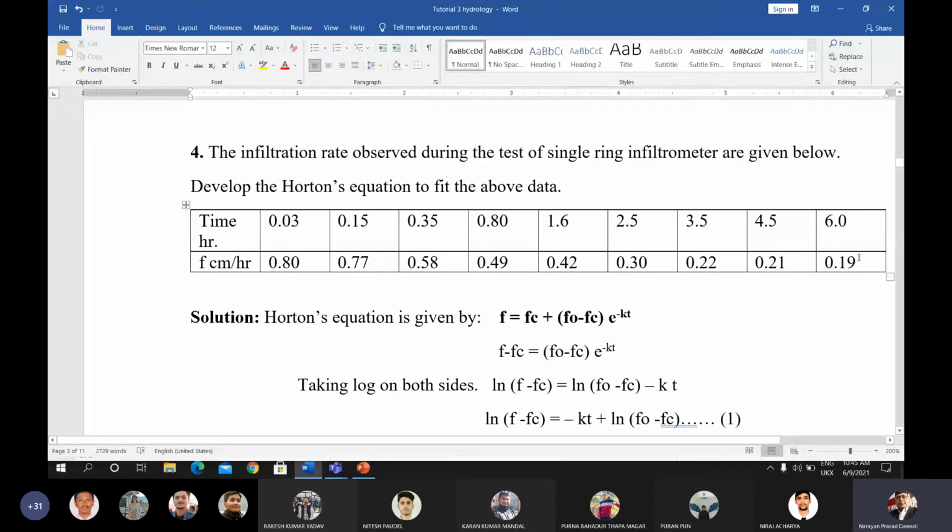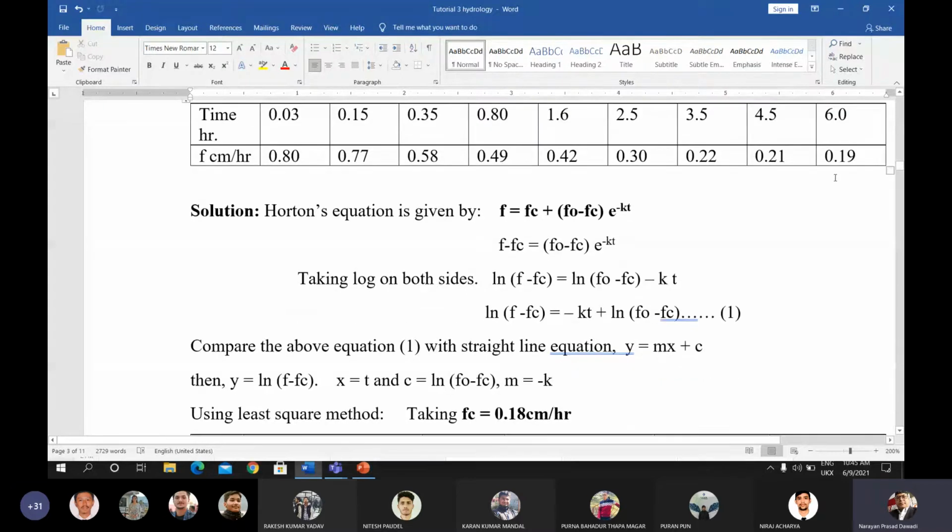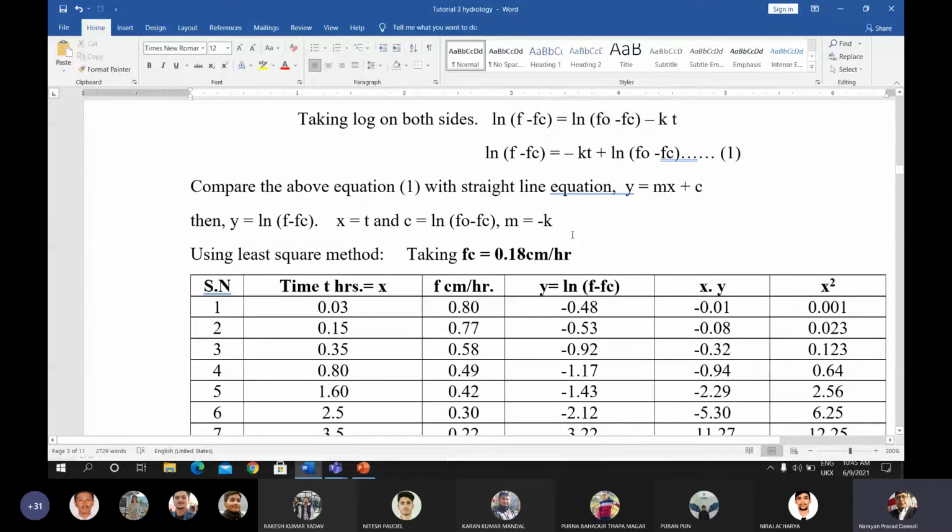That's why I have chosen a slightly lower value. If the time is prolonged to 7 hours and the rate of infiltration is again 0.19, then 0.19 will be the constant rate. Otherwise, you have to take a smaller value than this; any relative value you can take. So I have chosen 0.18 centimeter per hour.